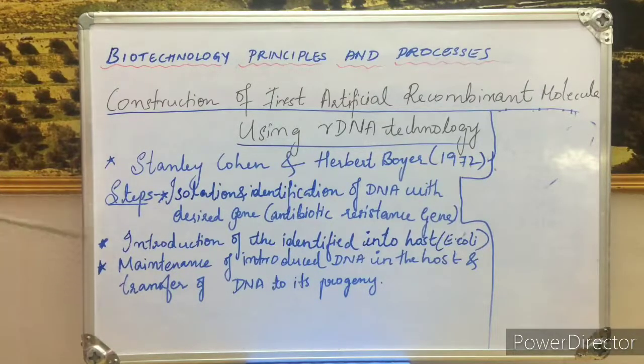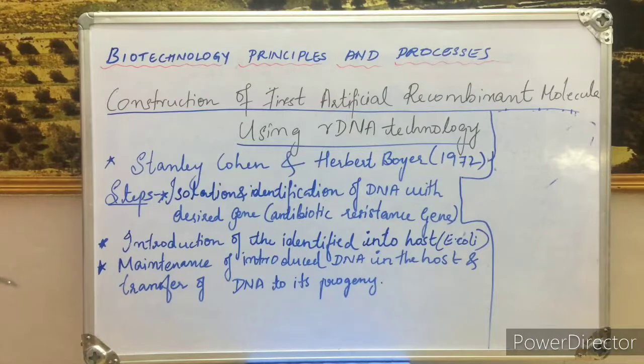So this completes the construction of an artificial recombinant DNA molecule. That is isolation and identification of DNA from the source organism from which we are going to take the gene of interest, and then linking that gene of interest with the vector DNA for introduction of this recombinant DNA into the host cell, and then maintenance of the introduced DNA in the host cell by providing favorable conditions for the multiplication of the E. coli cells.